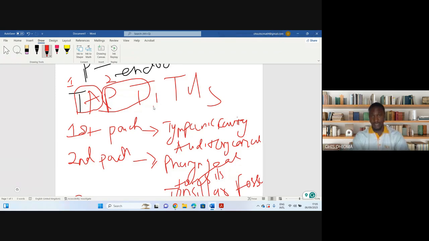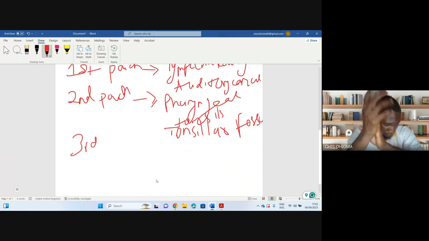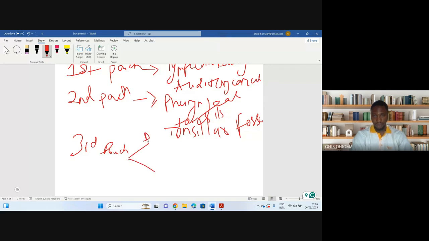And then the third is this IT. The third is kind of tricky because it has different parts: a ventral and a dorsal part, or some people say the superior and the inferior part.